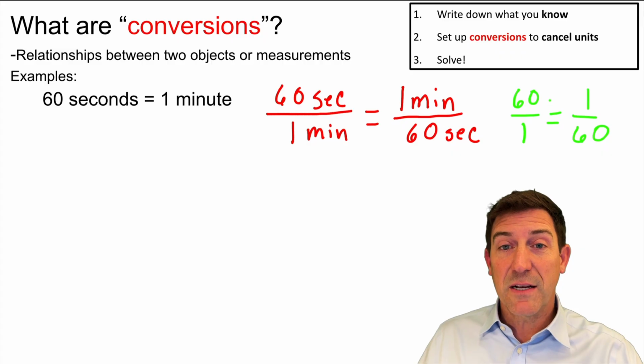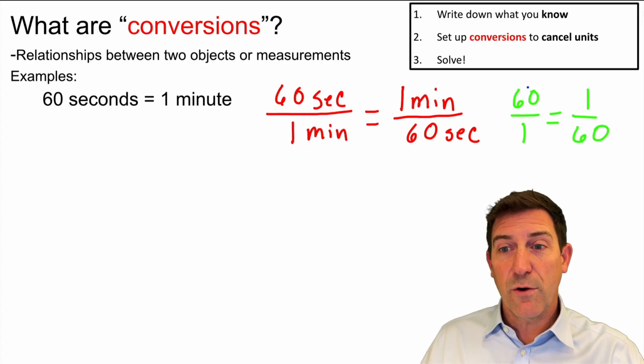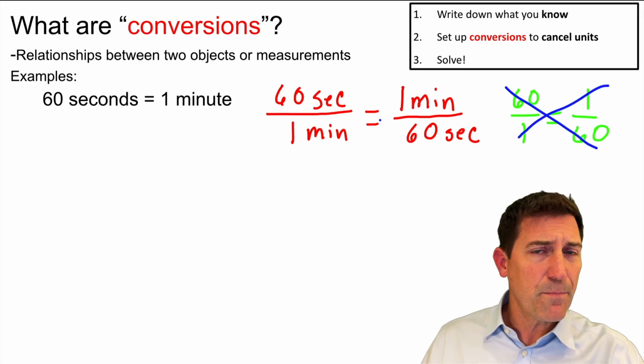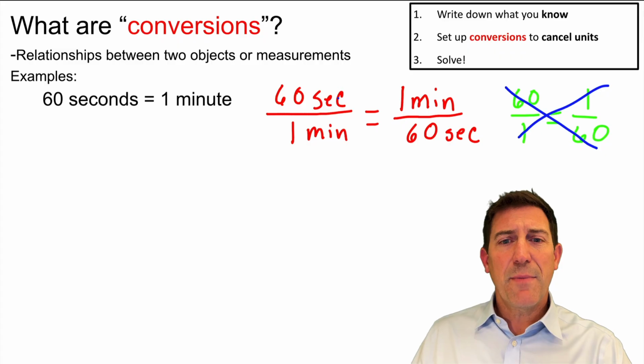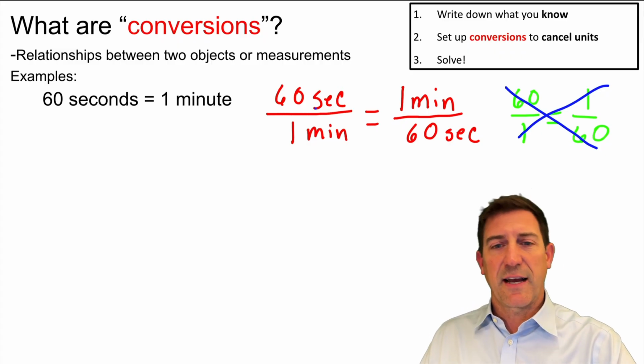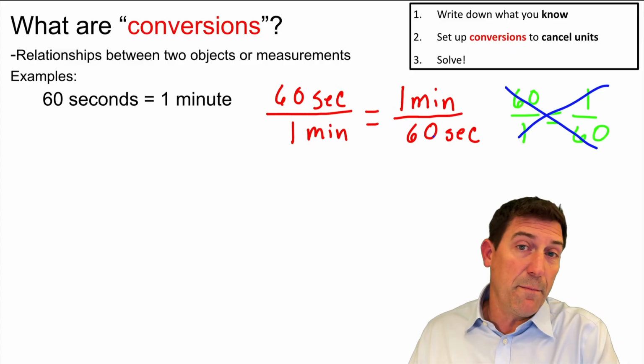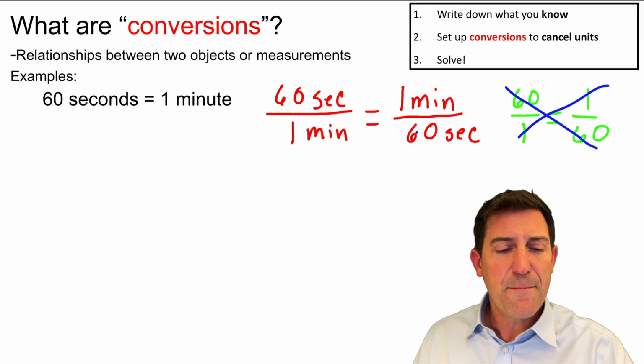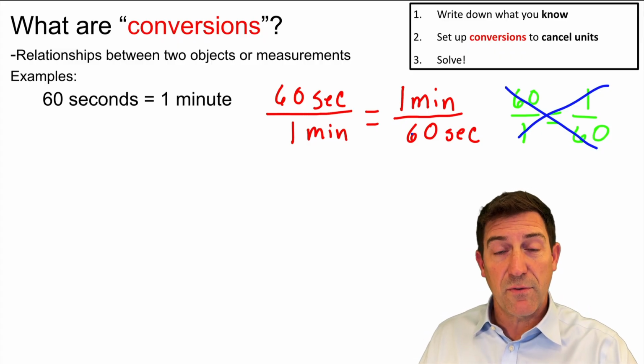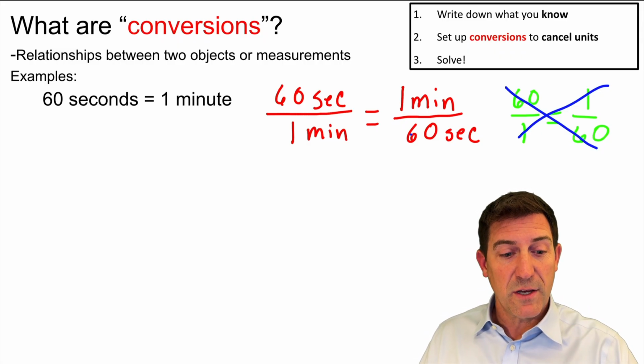They're not equal because, well, those are numbers, right? 60 over 1 and 1 over 60, they are not equal. So why is this equal? Because these aren't numbers. These are measurements. These are units. 60 seconds per 1 minute is the same as 1 minute per 60 seconds. That's going to be hugely powerful as we work our way through this.